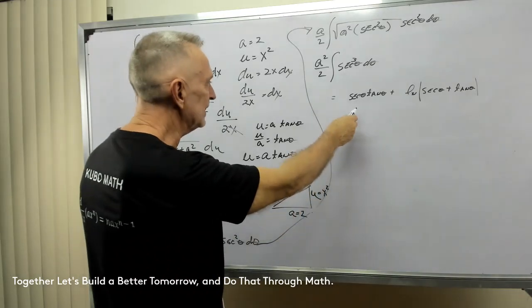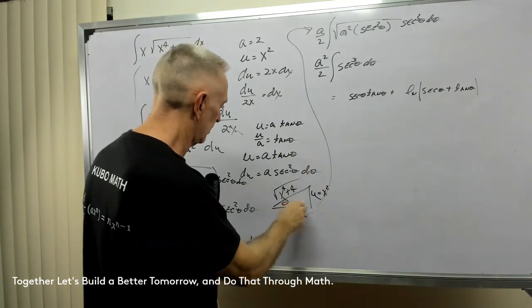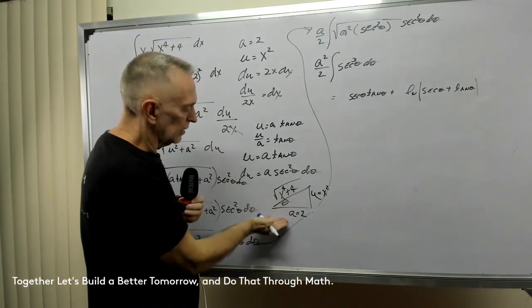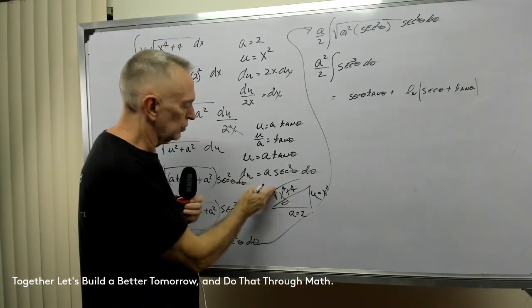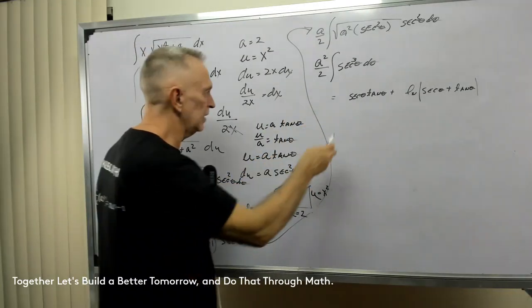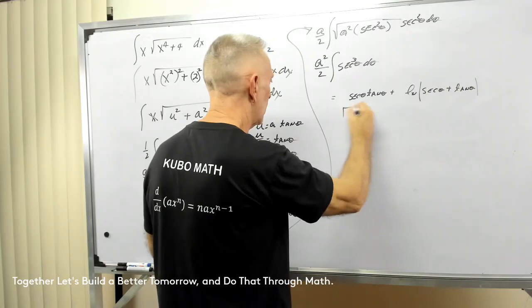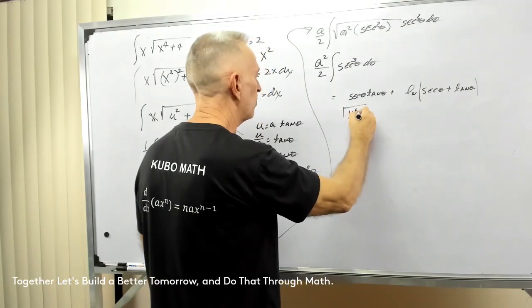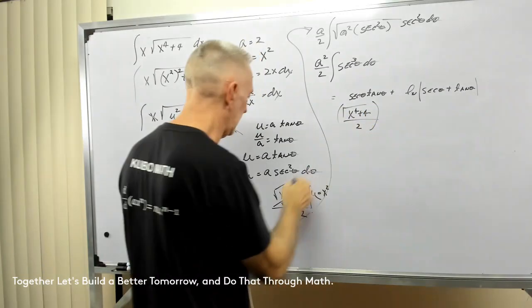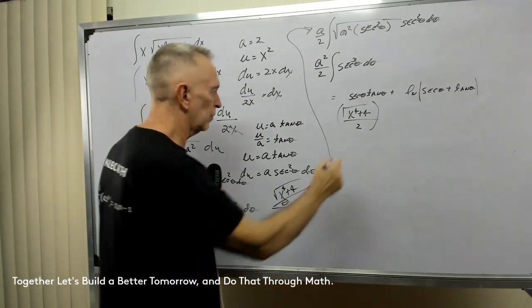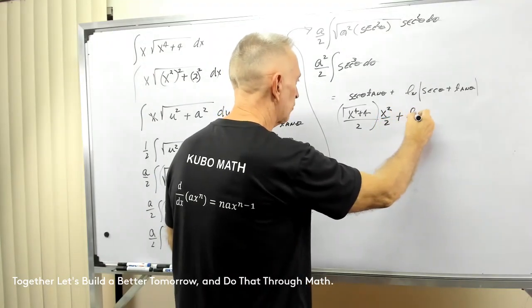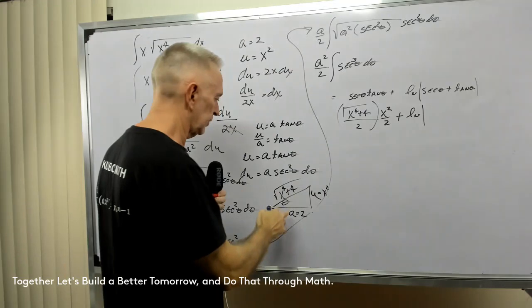So now secant theta, and this is theta, by the way. Secant theta, or cosine is the adjacent over hypotenuse, but in the case of secant, it's the hypotenuse over the adjacent. So we have the square root of x to the 4th plus 4 over 2 times tangent, which is x squared over 2, plus the natural log of the absolute value of secant.